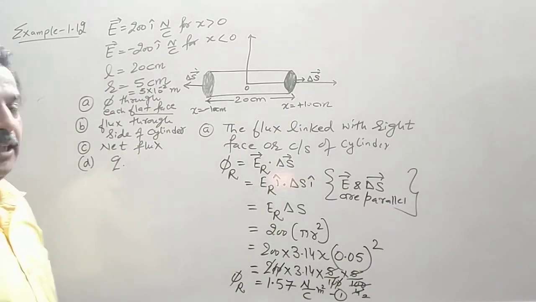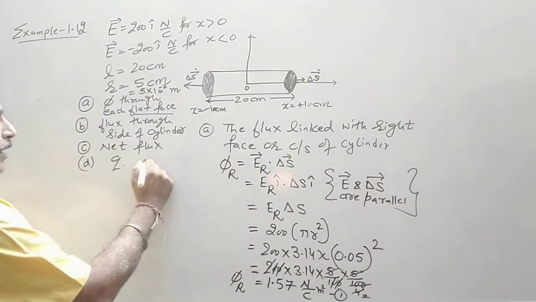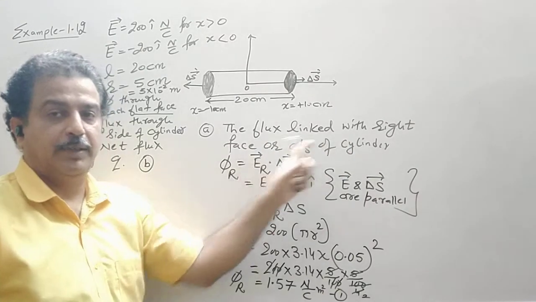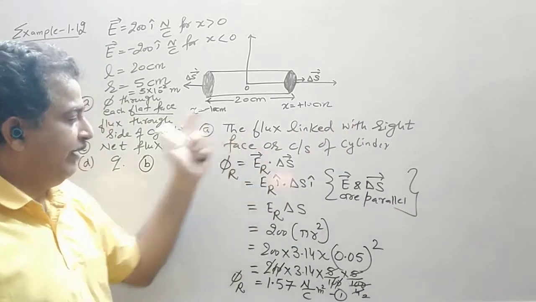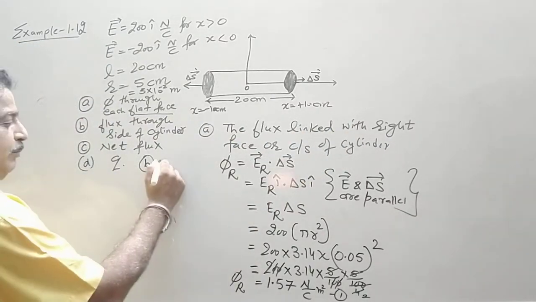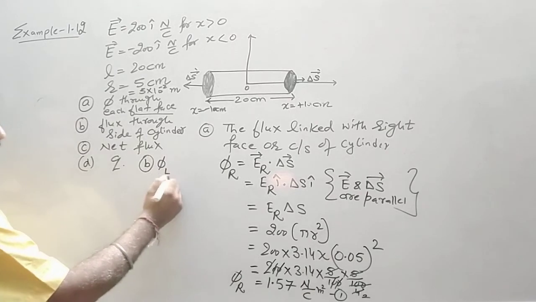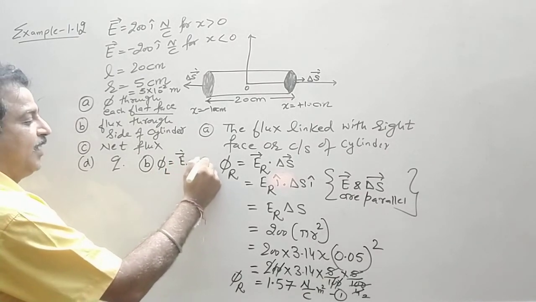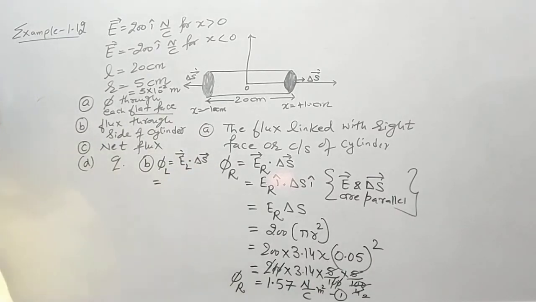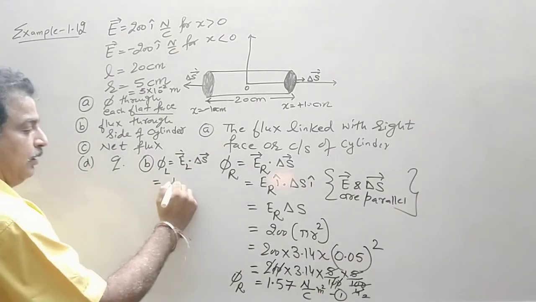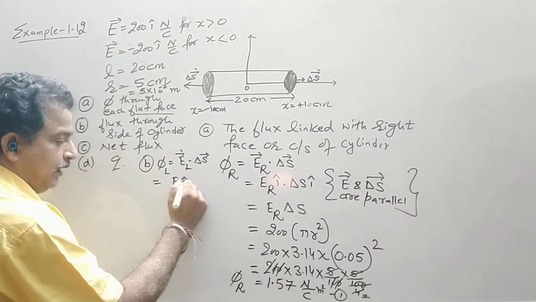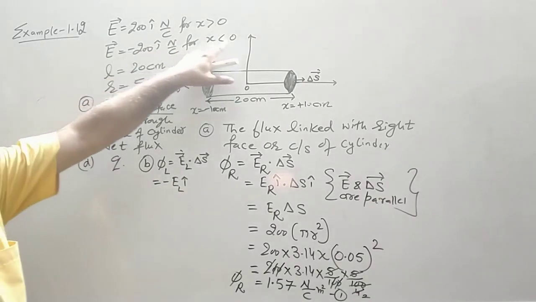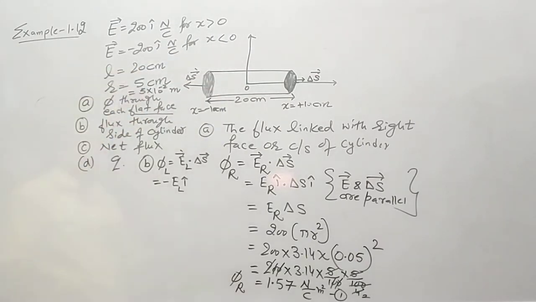Similarly, we find out the flux linked with the left cross section. Again, the same theory, the flux linked with the left face or the cross section of the cylinder will be written as phi L equal to E_L dot delta S. This is equal to E_L, so E_L i minus i, because for the electric field at x less than 0, the electric field is negative.